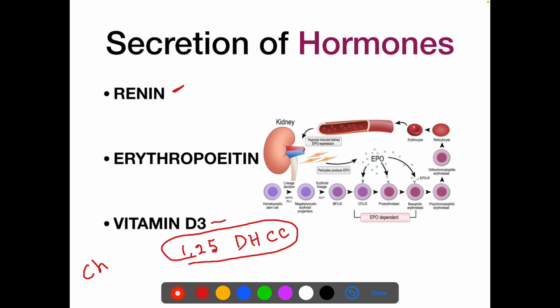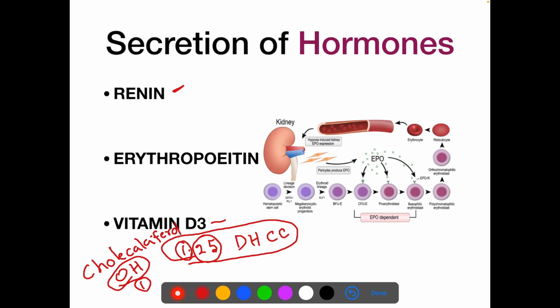Cholecalciferol is vitamin D. When two OH groups are added to it, one at position 1 of the cholecalciferol and another at position 25, it forms 1,25 dihydroxy cholecalciferol. Two hydroxyl groups are added to cholecalciferol at position 1 and position 25.